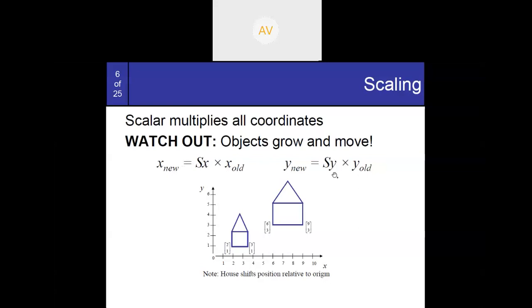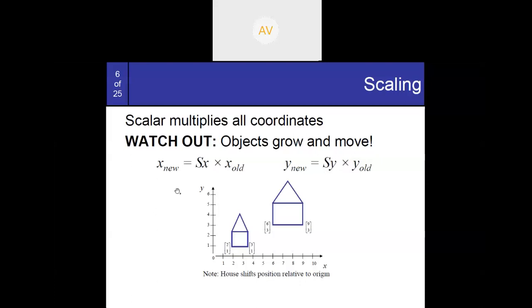That type of scaling is called uniform scaling. If the scaling value in x is not equal to the scaling value in y, then that type of scaling is called non-uniform scaling.